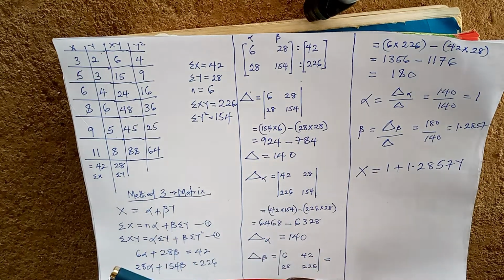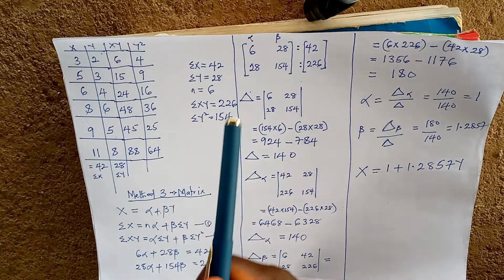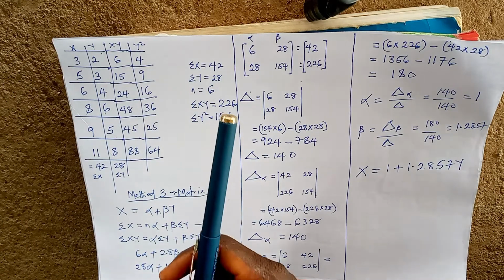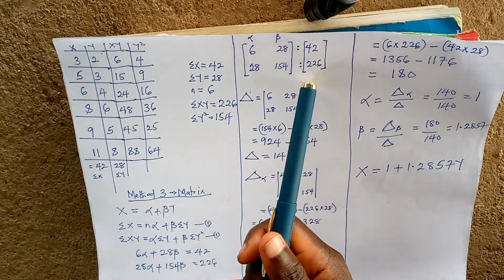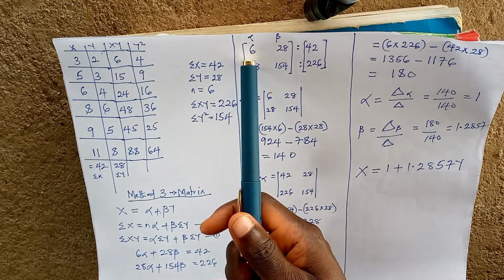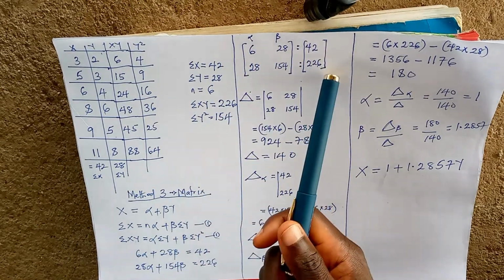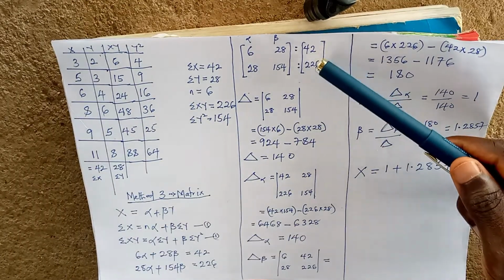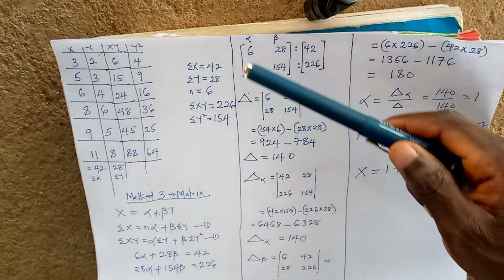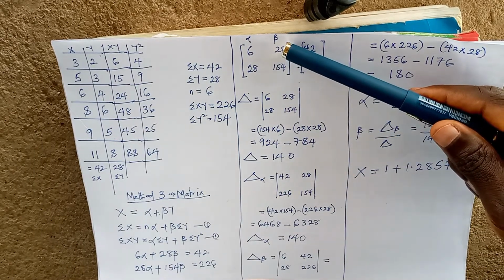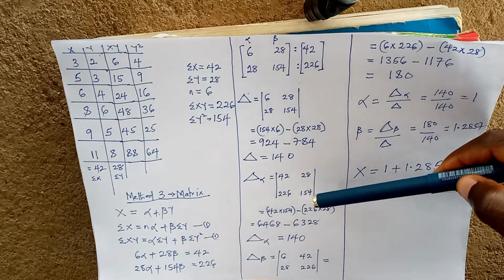Now, to get alpha, we need the determinant for alpha separately and later divide it by the general determinant. So we replace the alpha column with the equal values: instead of 6 28, we have 42 226, and we keep the beta column, 28 154.